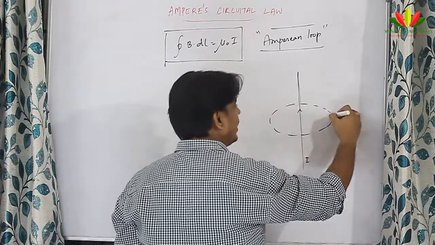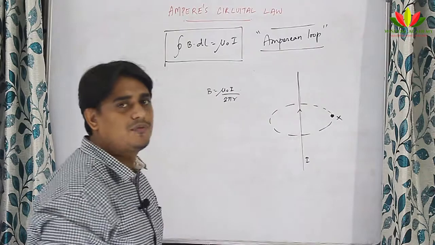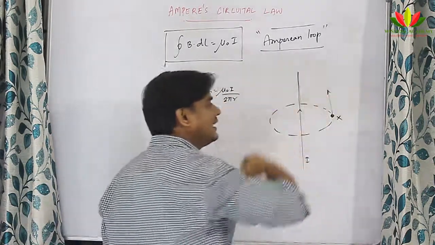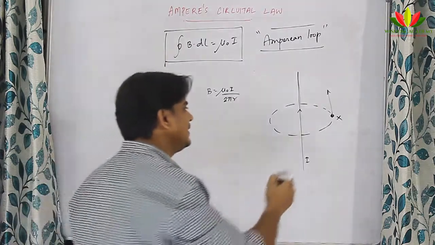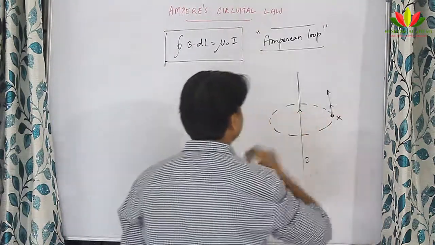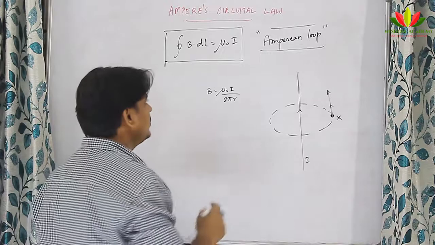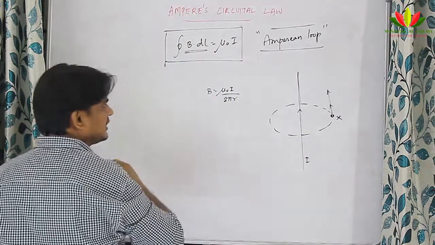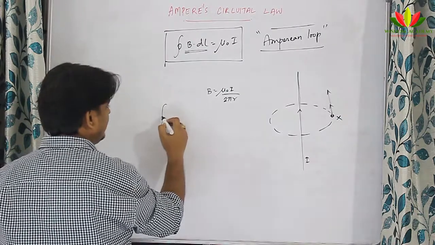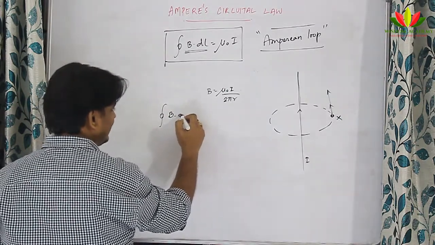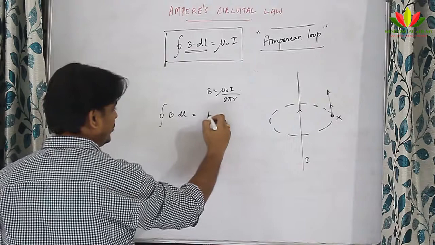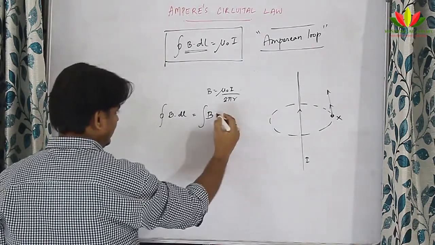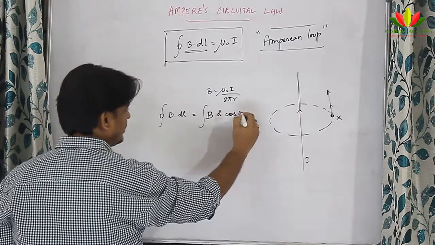If you take any point here, let this point be x. At this point, what is the direction of the magnetic field? It is tangential. And what is the direction of the current element? It is also in the same direction, isn't it? So now let us try to find out the B dot dl component. The integration of B dot dl will be equal to the integration of B dl cos theta.